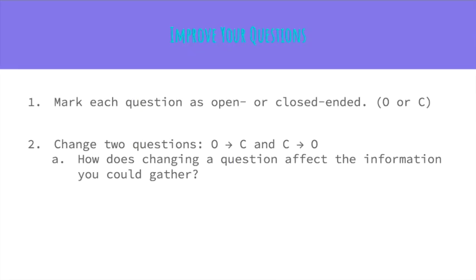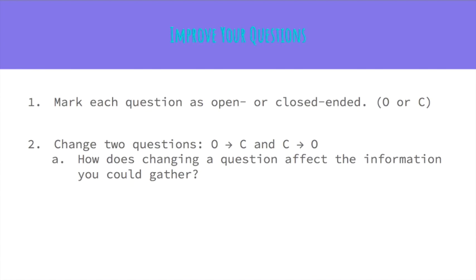Now that you have produced your questions, it is time to work to improve them. And we do this by evaluating our questions. First, you will mark each question as opened or closed-ended. You may find that many of your questions lie in a gray area where they really could be opened or closed depending on how it is asked and the response that you get.